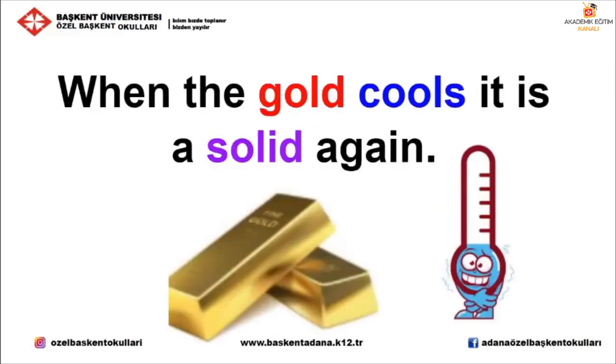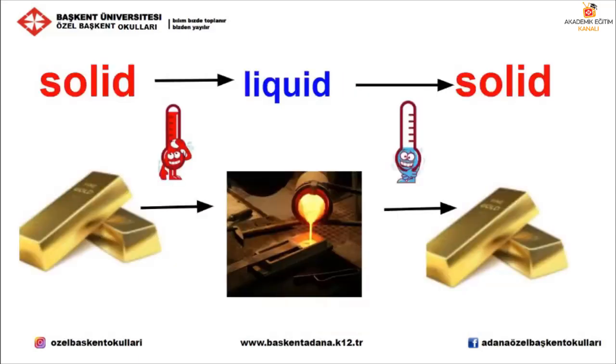When the gold cools, it is a solid again. So gold is a solid, but when it reaches a high enough temperature, it melts and becomes a liquid. Then it cools and becomes a solid again.